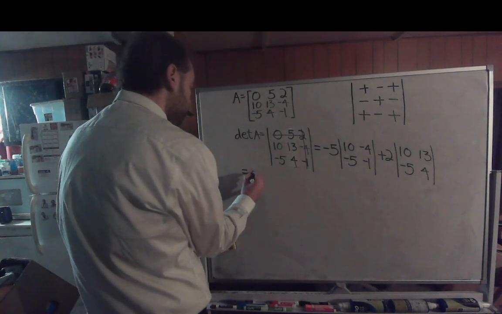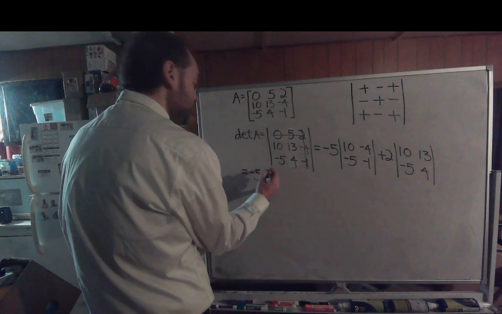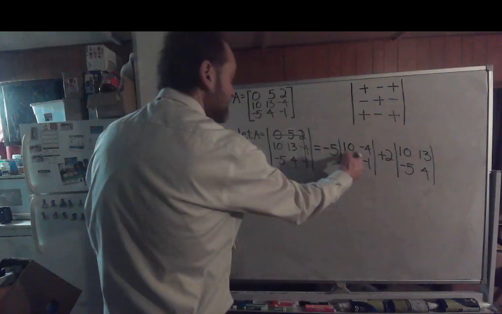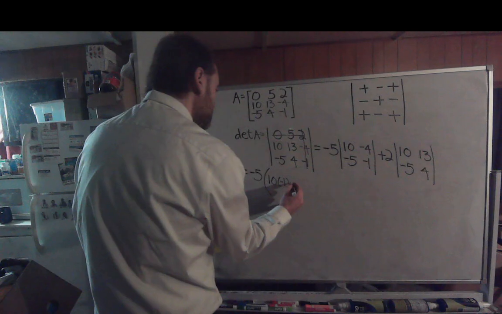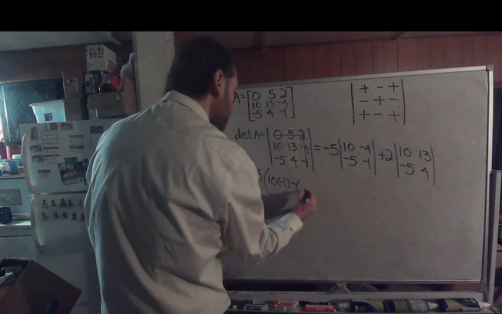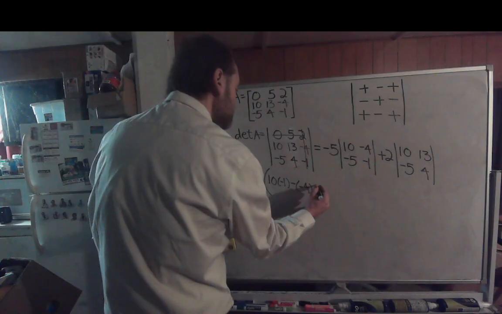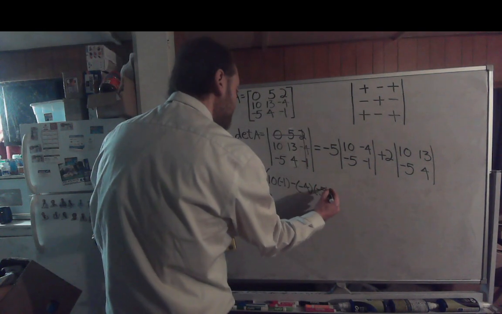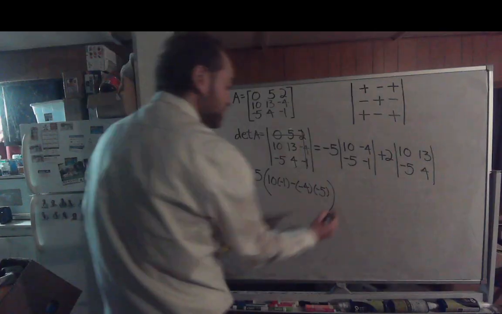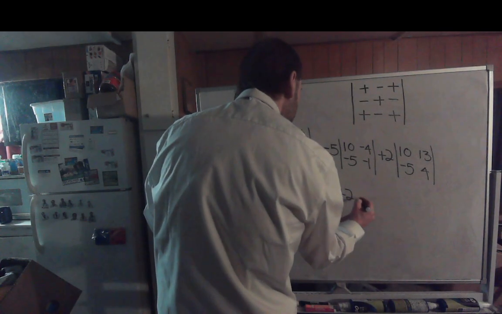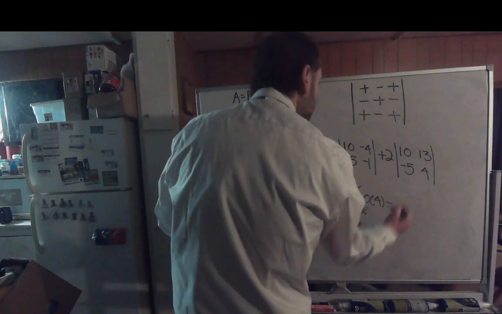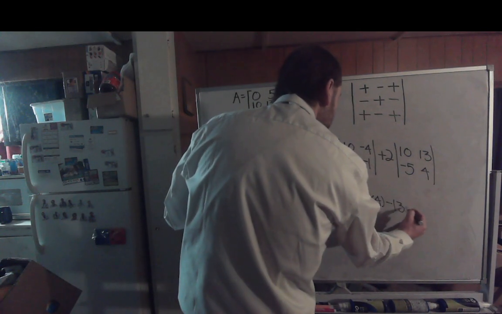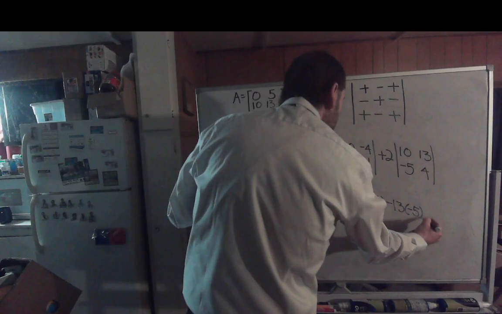So, of course, you have negative 5 on the outside of the first determinant, so take 10 times negative 1 minus the negative 4 times negative 5, plus 2 times that 10 times 4 minus 13 times negative 5.